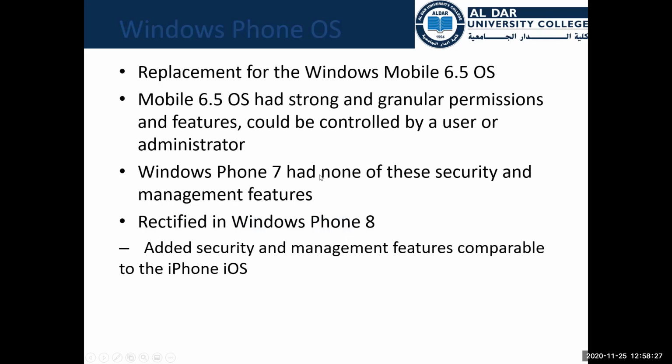That's why the order is important. The most secure operating system for phones is Windows Phone 8, according to security standards. The second one is Apple iOS. And the least secure is Android.